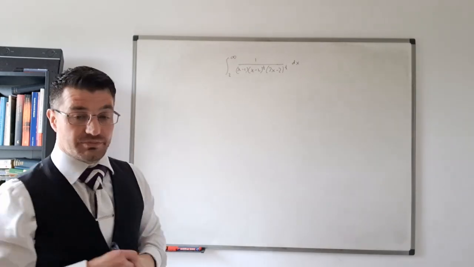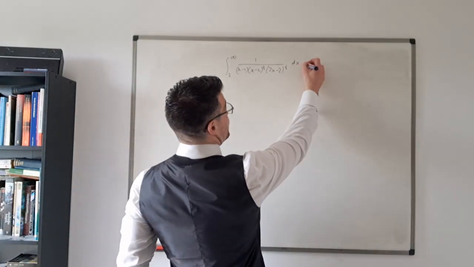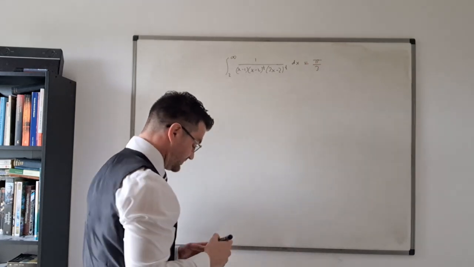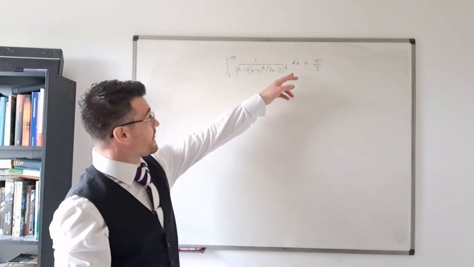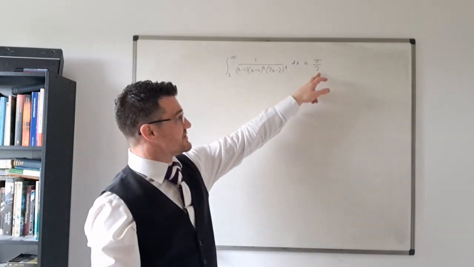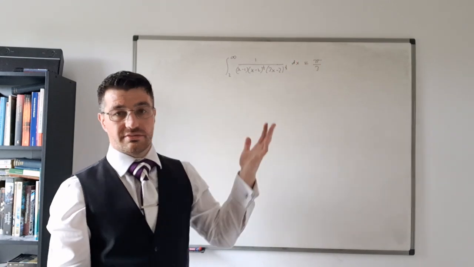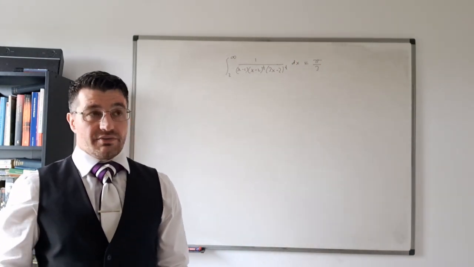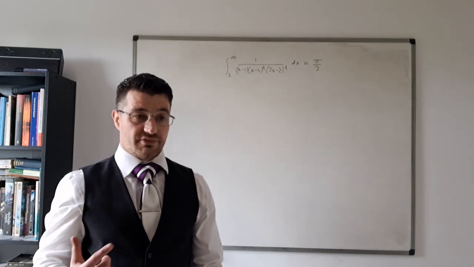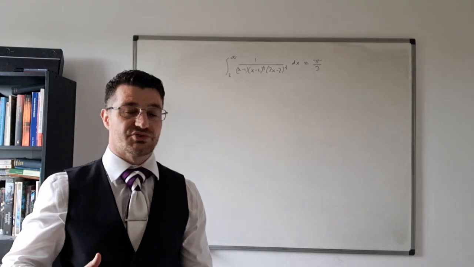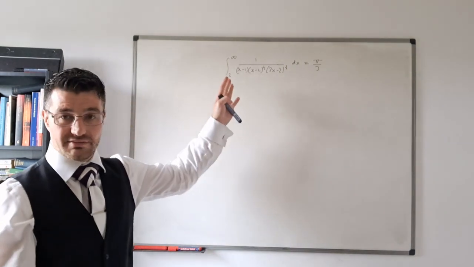But also, I've missed something off. We need to show that this is equal to pi by 3, of course. Something else that I noticed is that we've got pi. Where does that come from? That to me can only come, in this context, from some kind of trigonometric function appearing in here.